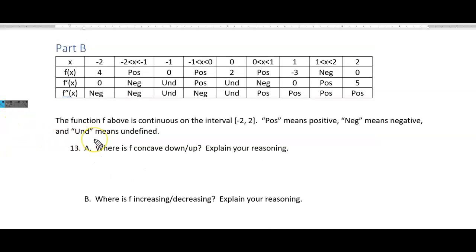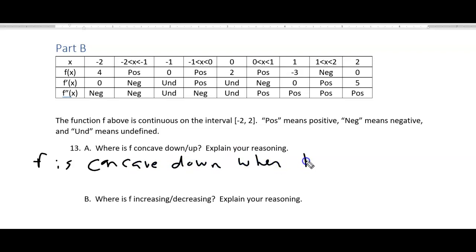All right, number 13. I broke it up into 2 parts. First one is, where is f concave down and concave up? F is concave down when f double prime is less than 0, or negative is another way of saying that.